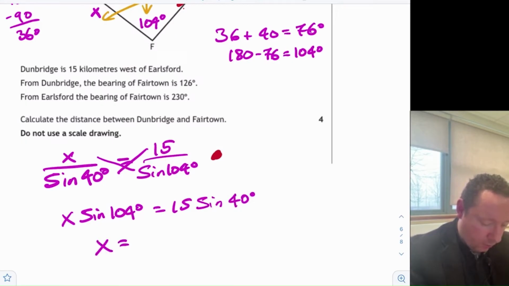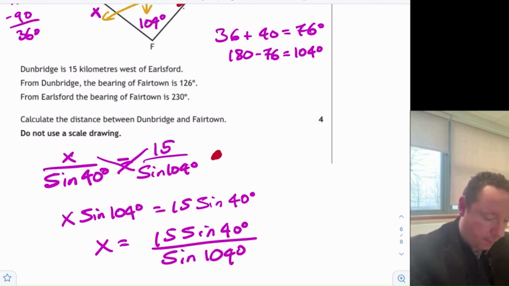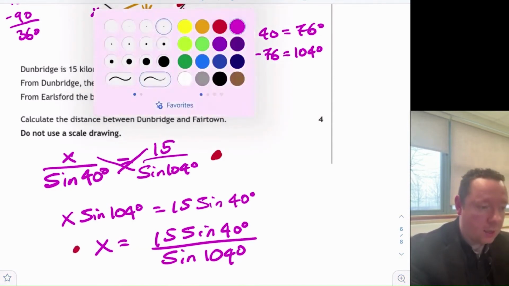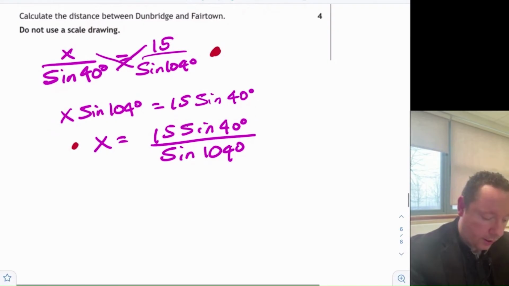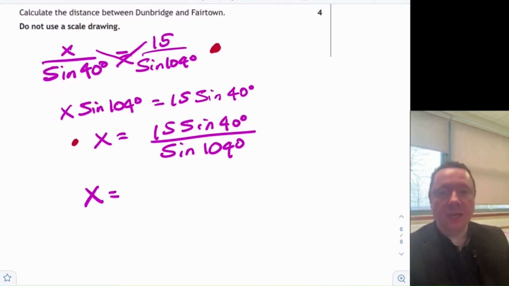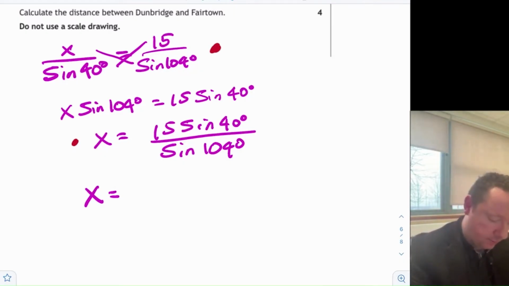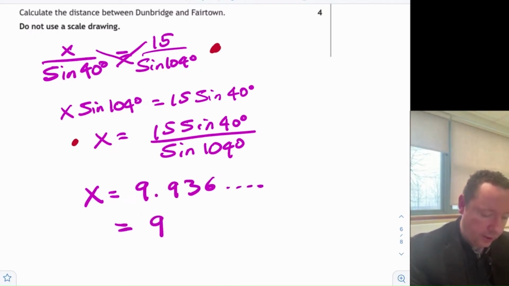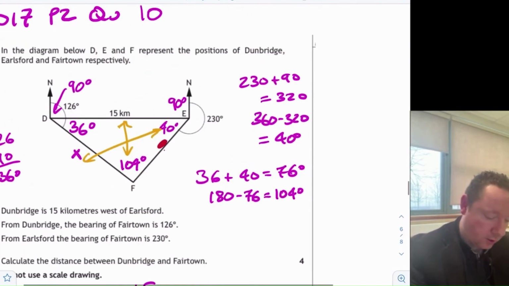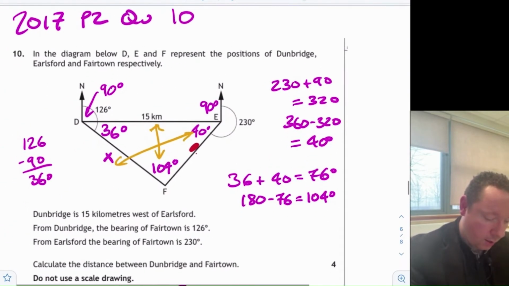So x is 15 sine 40, but then divided by the sine of 104 degrees. And that's a mark at that point as well. And then our final mark, of course, just for working that out in a calculator, 15 times sine 40, then divided by sine 104, you get an answer of 9.936. Or if you're rounding, 9.9 would be fine, and the units are still kilometres.